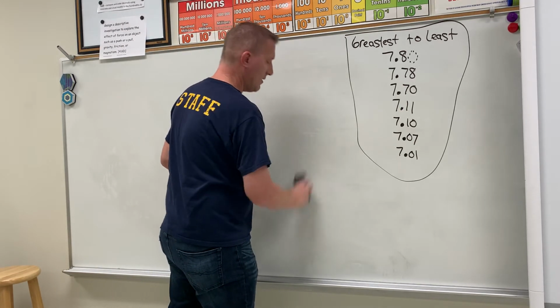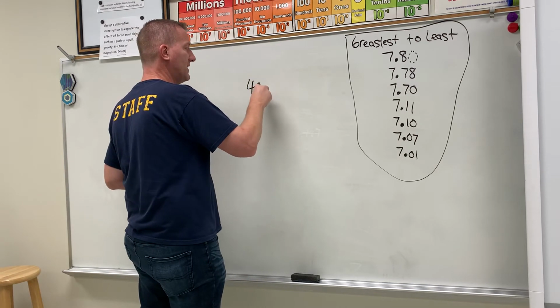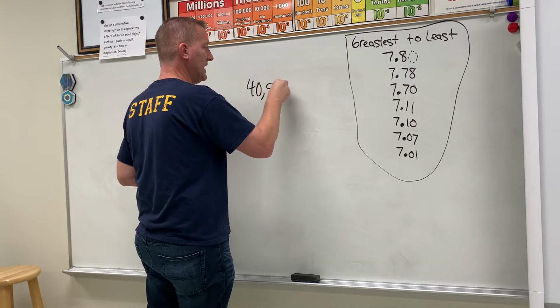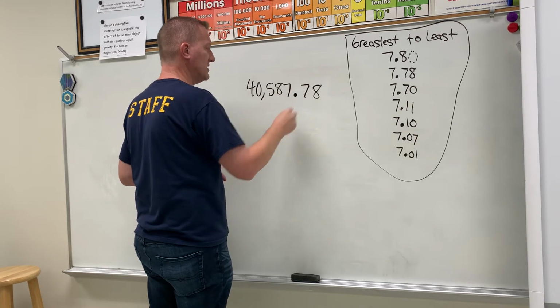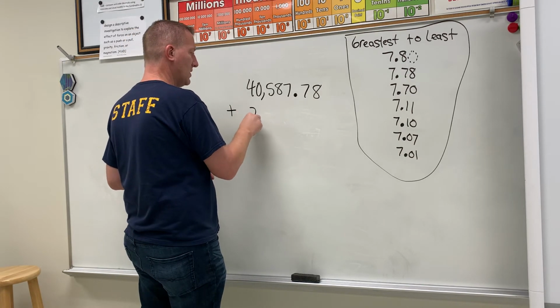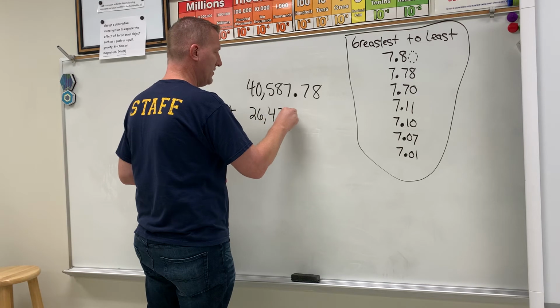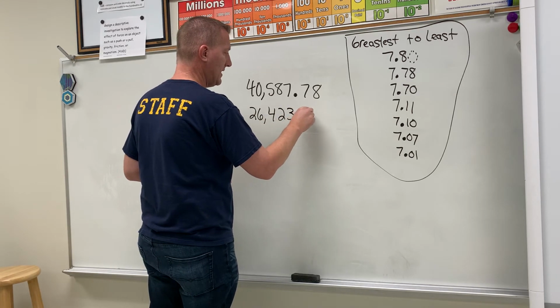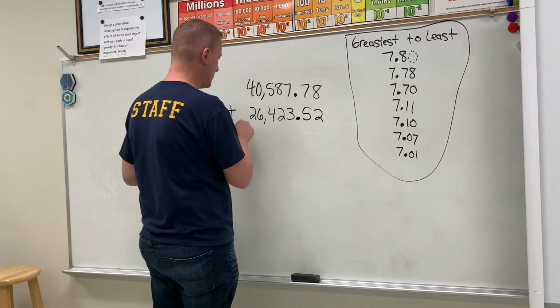So if you had a number like 40,587 and 78 hundredths, and you're gonna add that to 26,423 and 52 hundredths.